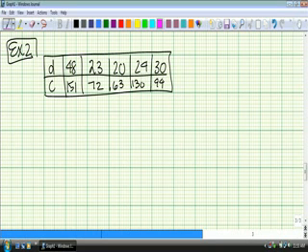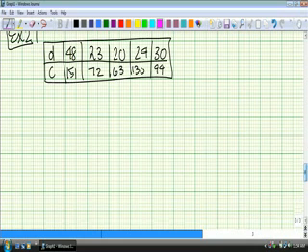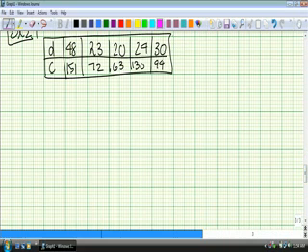So, now notice all my points are positive. So all I have to do is draw the first quadrant. So I'm going to do that. Okay? That's step 1, is draw your quadrant.